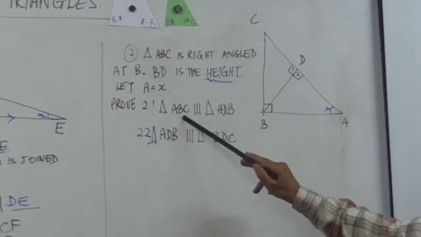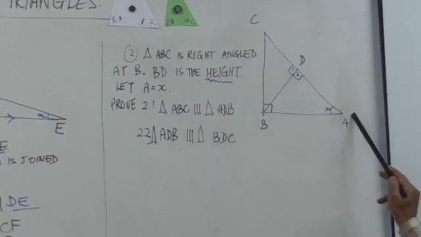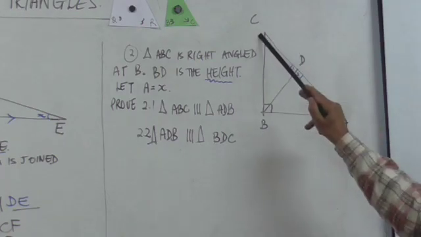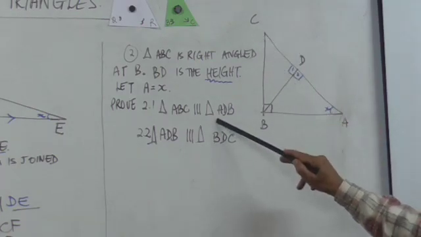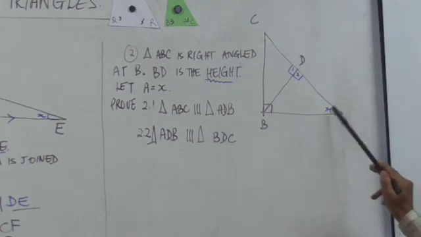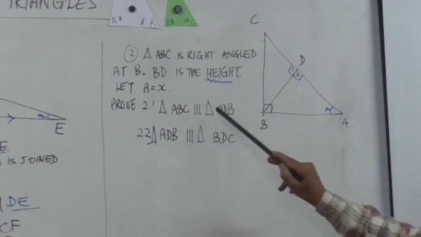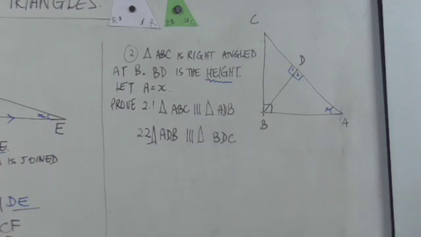Now let's see. They say prove ABC, that's the big triangle, is similar to ADB. When two letters are repeated, there could be a common angle or vertically opposite angles.